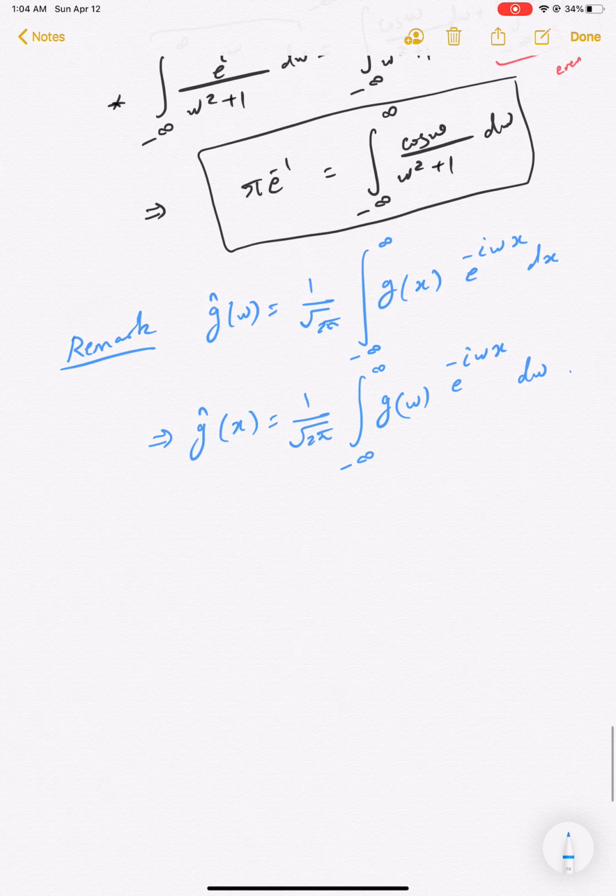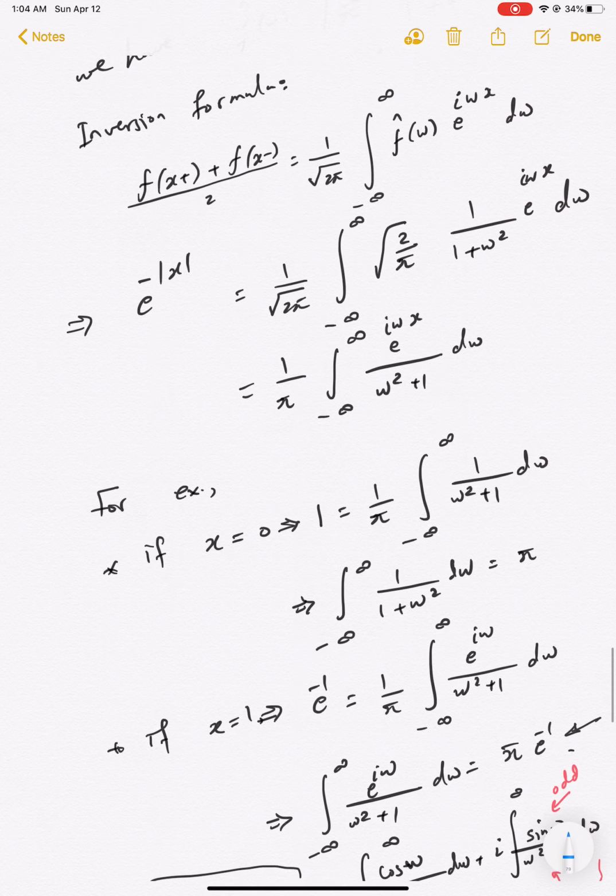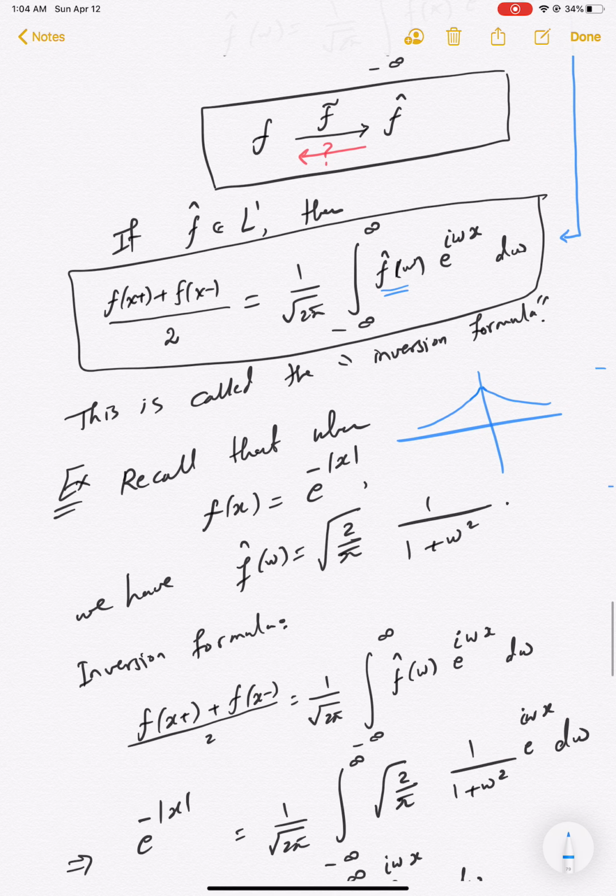On the other hand, if you look at the inversion formula and assume the function is continuous, what is f of x? I'm just copying this inversion formula, but for the left side here, I replace this quantity by f of x, assuming that the function is continuous, just to simplify the stuff we have.